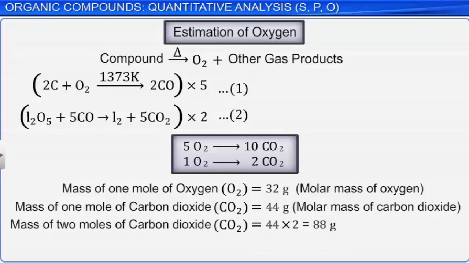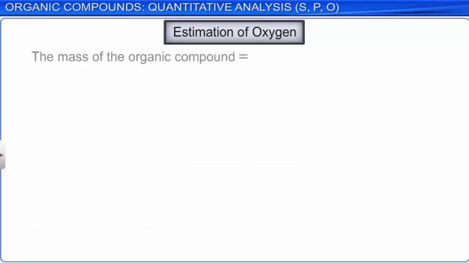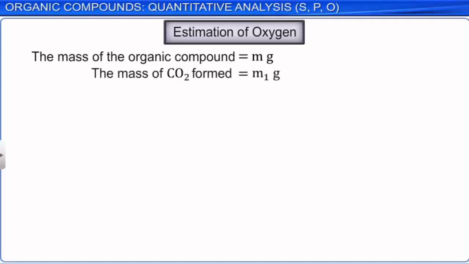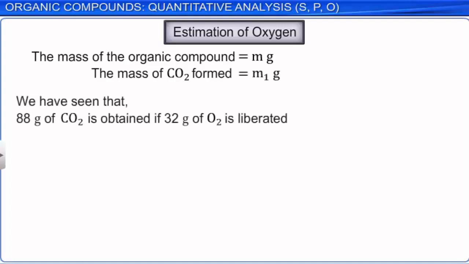Let the mass of the organic compound taken be m grams. Mass of carbon dioxide produced be m1 grams. We have seen that 88 grams of carbon dioxide is obtained if 32 grams of oxygen is liberated, and then m1 grams of carbon dioxide is obtained if 32 into m1 divided by 88 grams of oxygen is liberated.